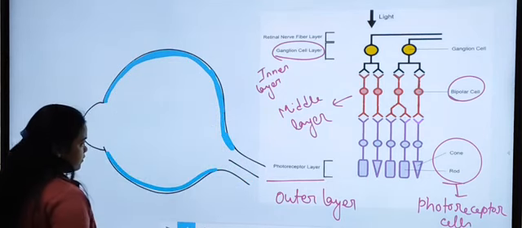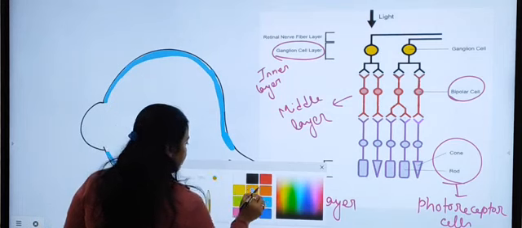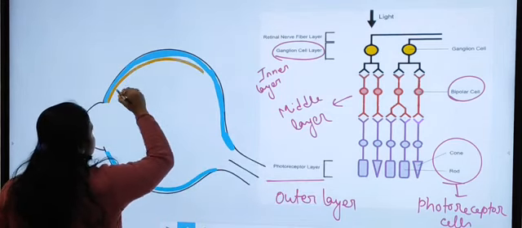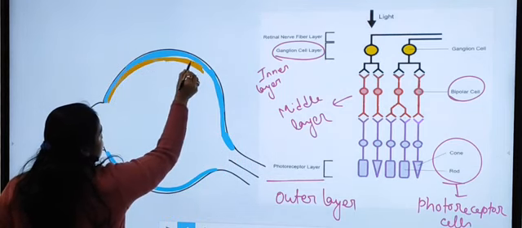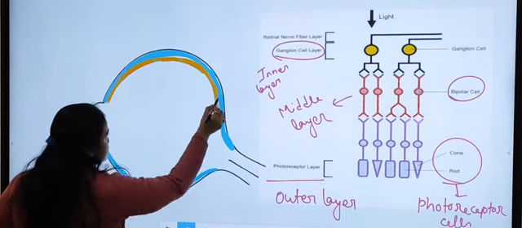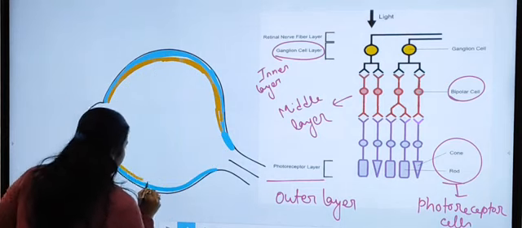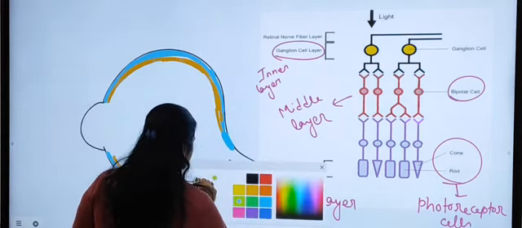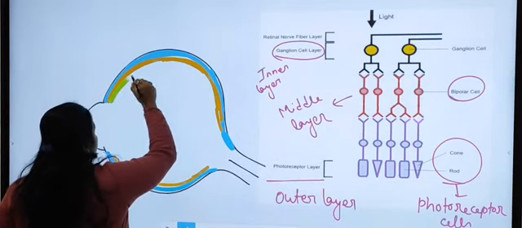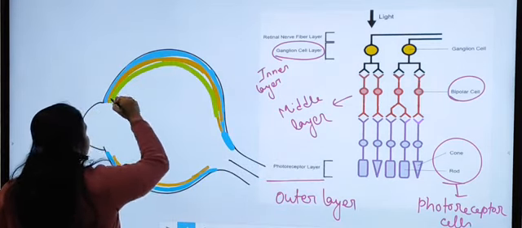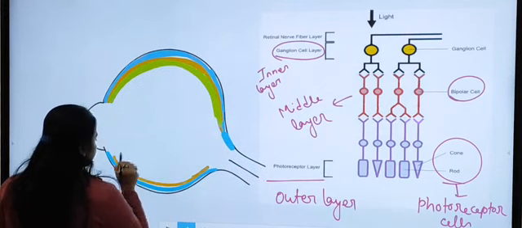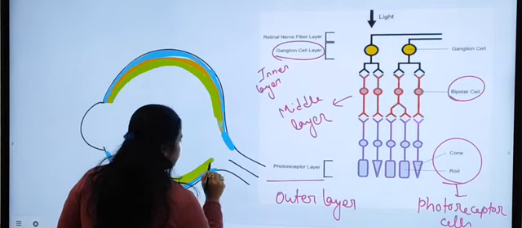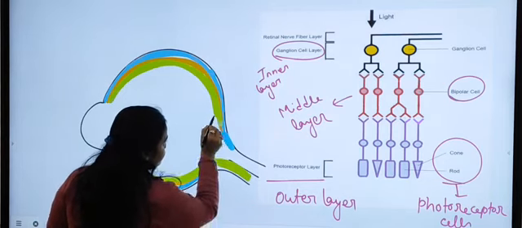Then the next layer is known as the choroid. This is the choroid, and this one is the retina.